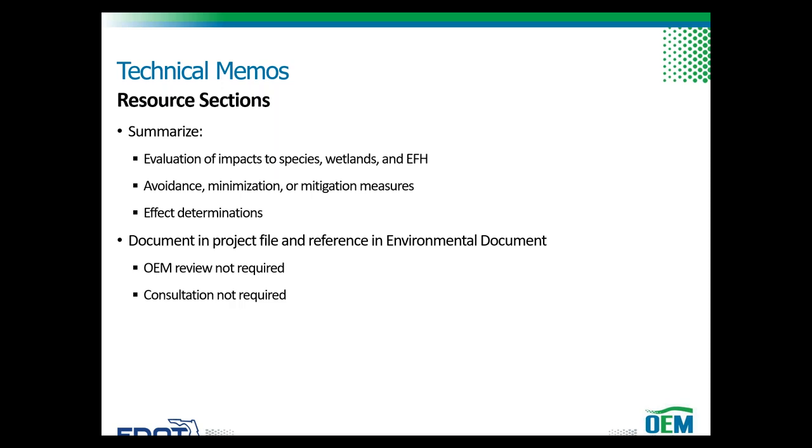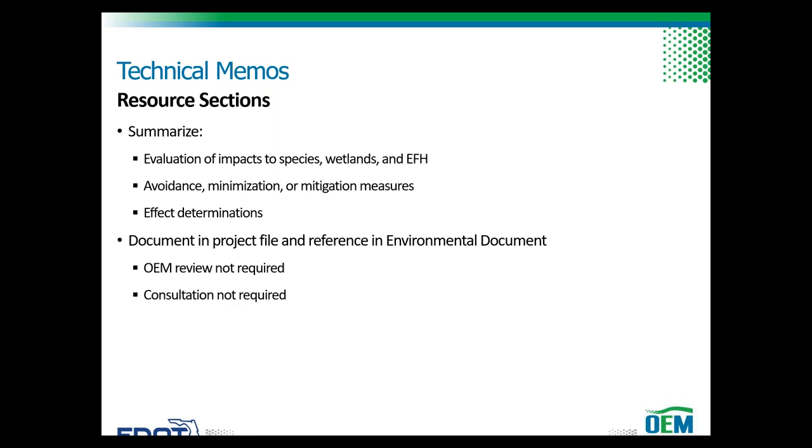In a technical memo, you should summarize the resource sections in a similar manner to the NREs. Refer to databases or literature that were reviewed and dates of field assessments. Ensure that all effect determinations are supported, meaning that the document includes proper justification and reasoning as to why the project will not have any effects to that species.